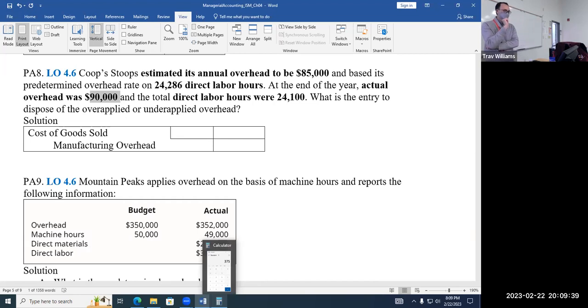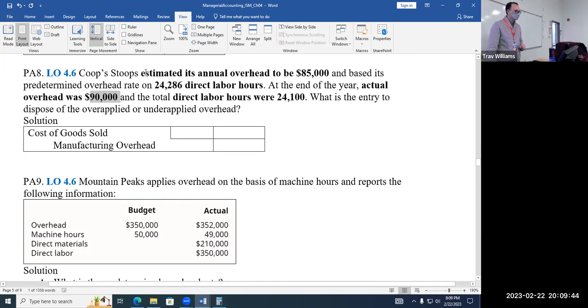All right. Let's think of it this way. I'll tell you what, let's color code this a little bit. This part up here is all estimate, right? I'll underline it. Those are estimates. And these two down here, these are actuals. What we have to figure out is how much overhead was applied.